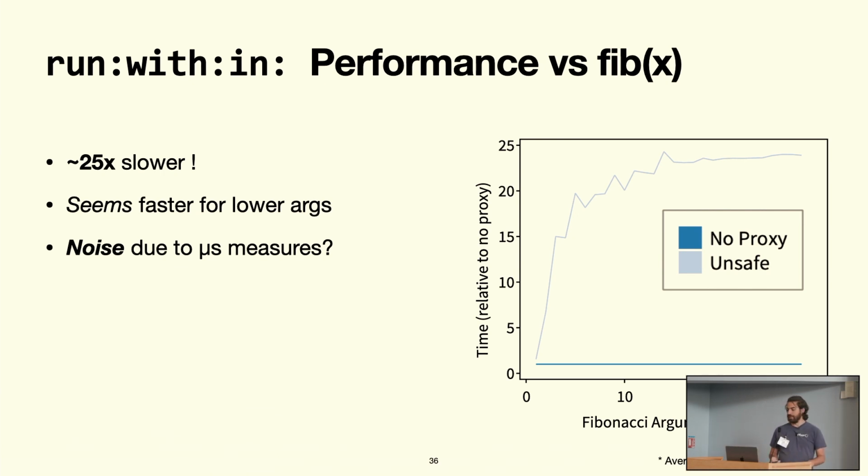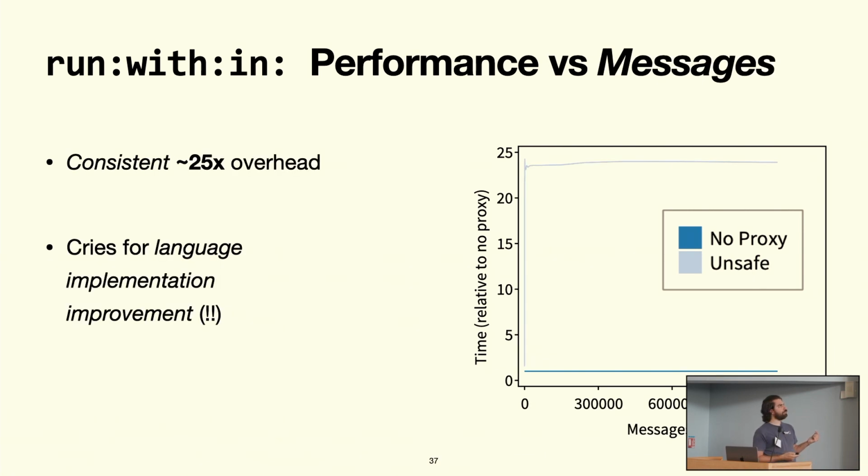But I told you that Fibonacci is kind of a proxy for the number of messages. So what if, instead of plotting by the Fibonacci argument, I plot by the number of messages, which gives us a different scale? That gives us something like this. So actually, this is pretty constant. We are at a consistent 25 times overhead.